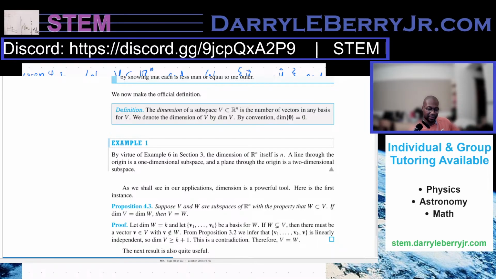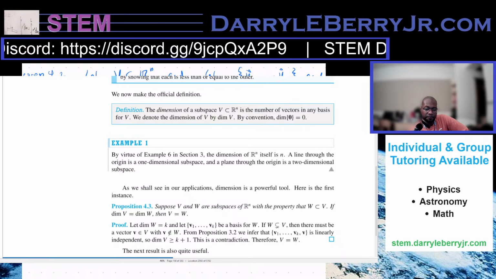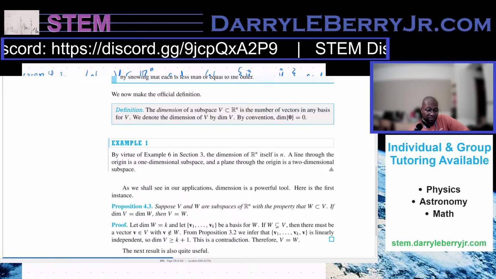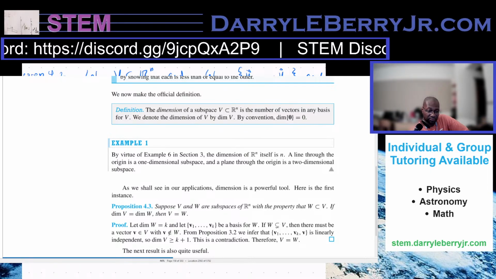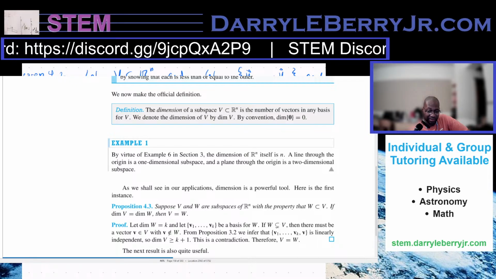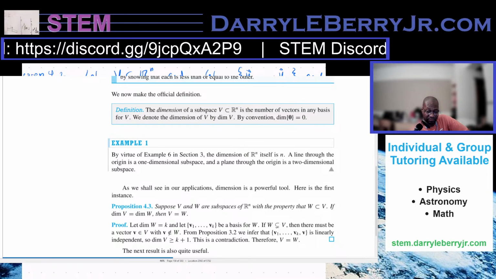So if W is not in V, then there's something that is in V that is not in W, because if everything in V was in W, then it would be the same space.